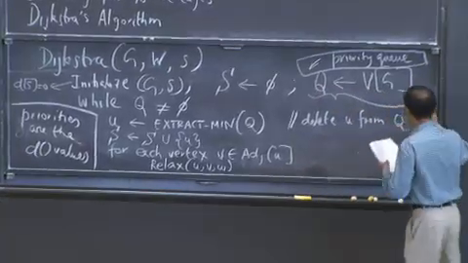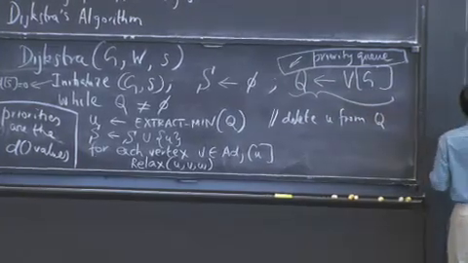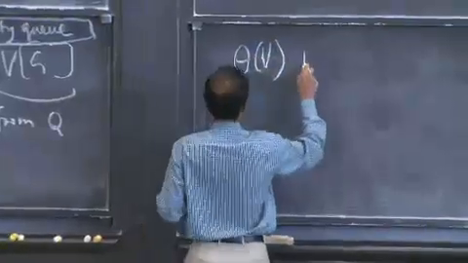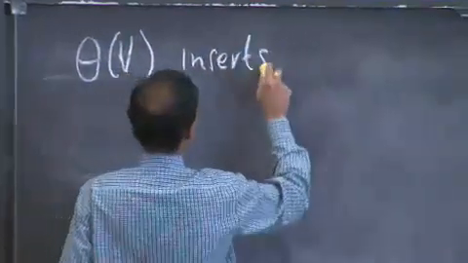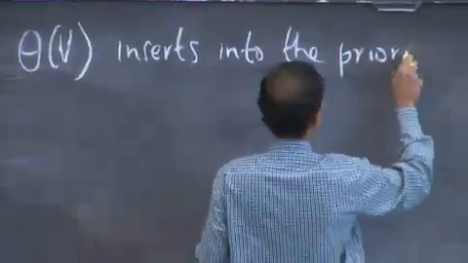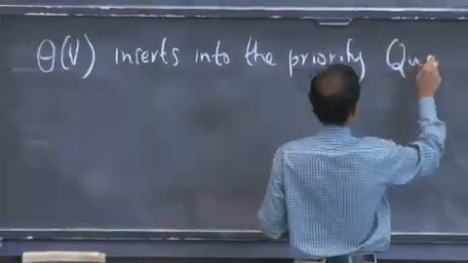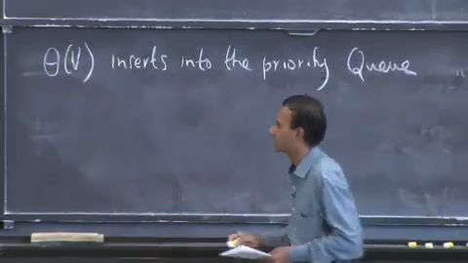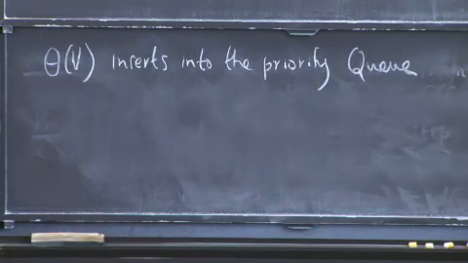I got an operation here corresponding to theta V inserts into the priority queue. And that's inserting things into the queue.